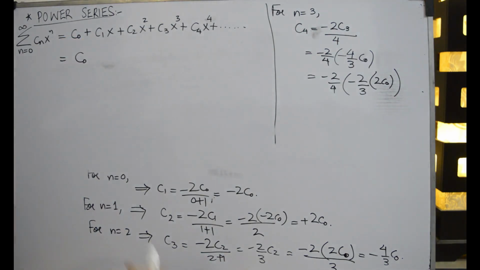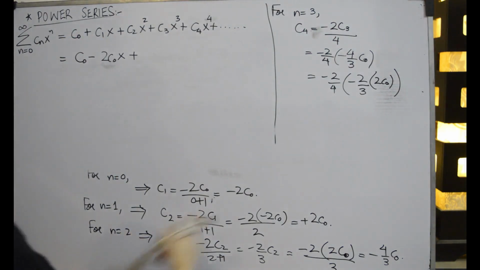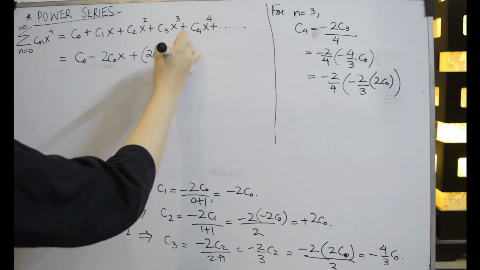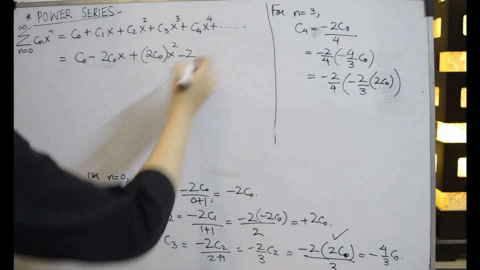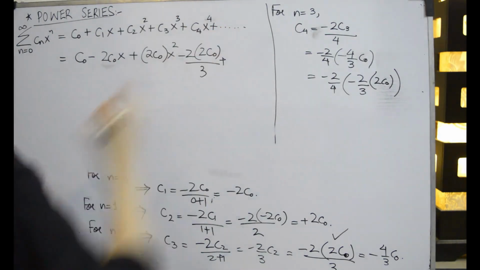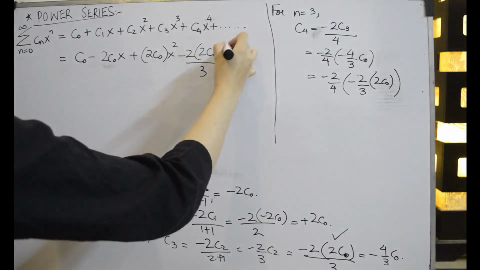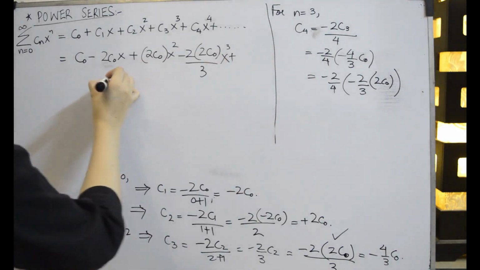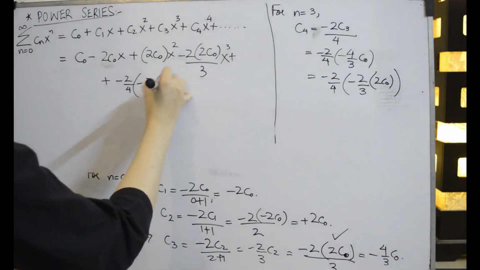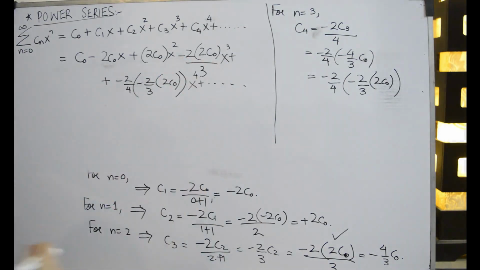C0 plus C1 is minus 2C0, and C2 is plus 2C0 into x square, and I want to generalize it in one series. And C3 along with the x cube, and C4 is this: minus 2 by 4, minus 2 by 3 C naught into x to the power 4, and so on.